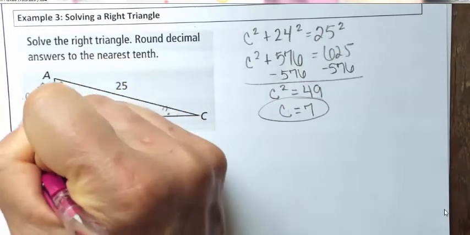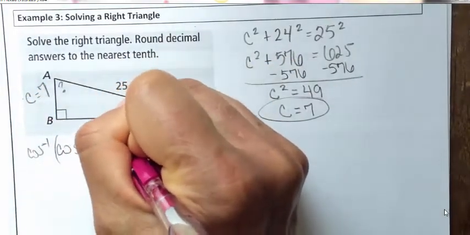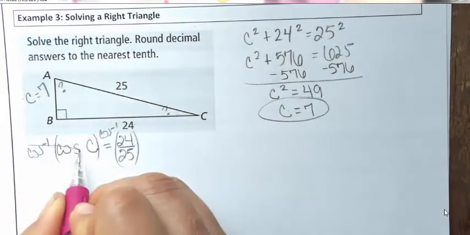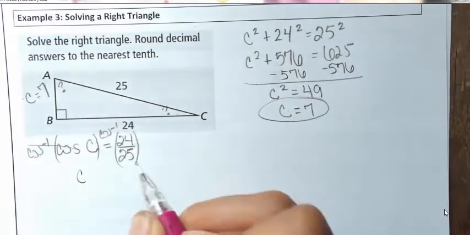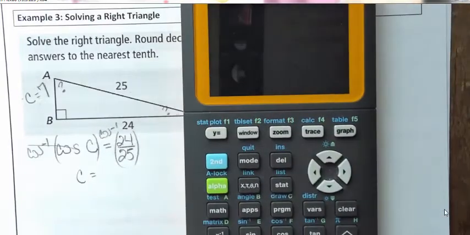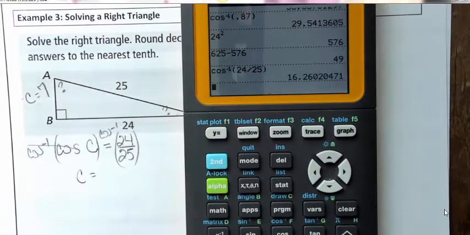So if I do that on this side, I have to do it to the other side of the equation. Taking the inverse of a function undoes that function, so you're just left with the input. And then you have cosine inverse of 24 divided by 25, and I end up with 16.2.